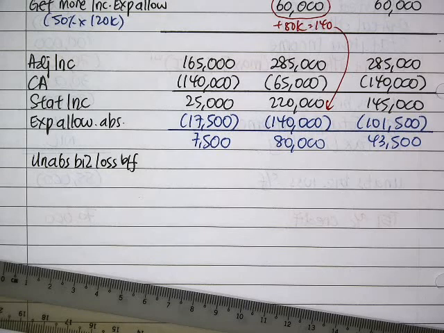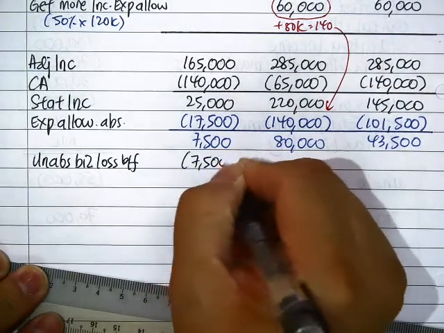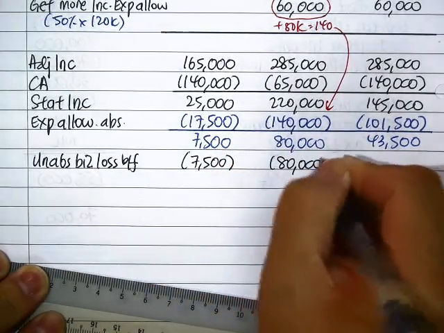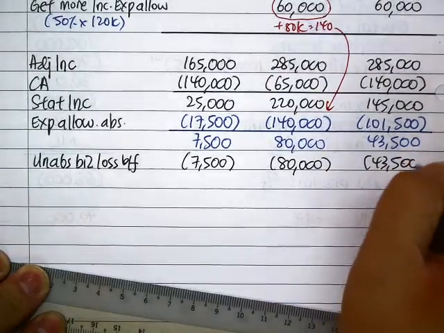Now the unabsorbed business loss was 85,000. So the most you claim is 75, 80, 43.5.